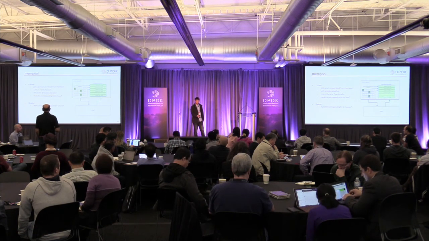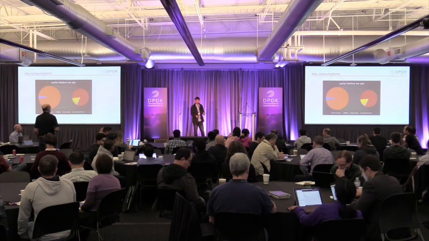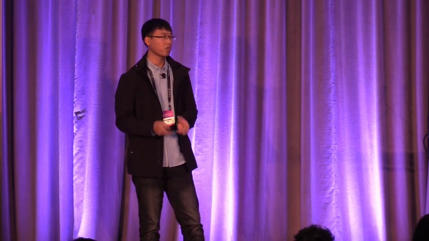Because in our original code, we use malloc to apply for the memory from the DPDK memory pool, and that is a generic method, and it's not very fast. So I use the bitmap to manage my memory pool here to accelerate.